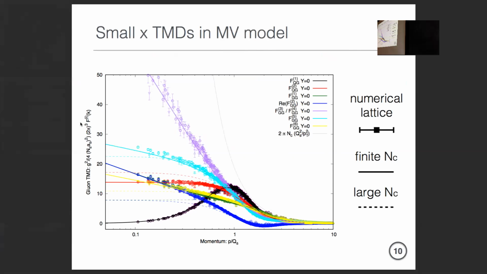Basically, you can use the Gaussian approximation to evaluate, with 1 over NC squared corrections, the trace of 2 times the trace of 4. So in that sense, what Søren is doing, modulo the Gaussian approximation and that kinematical limit, has the full thing.